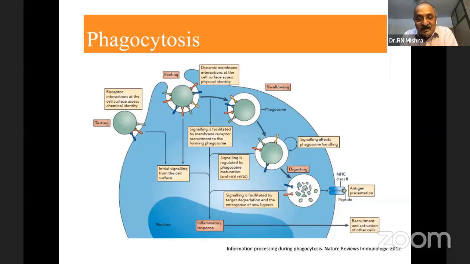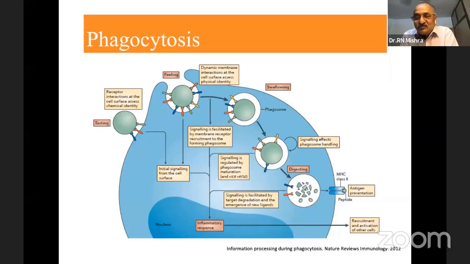The phagosome is gradually matured, and powerful enzymes digest the protein part of the invading microbe.